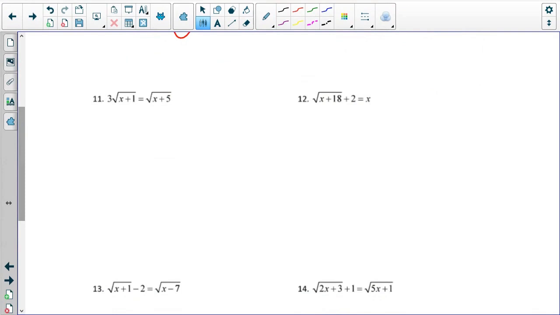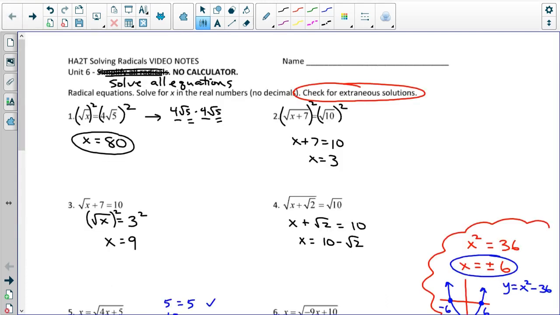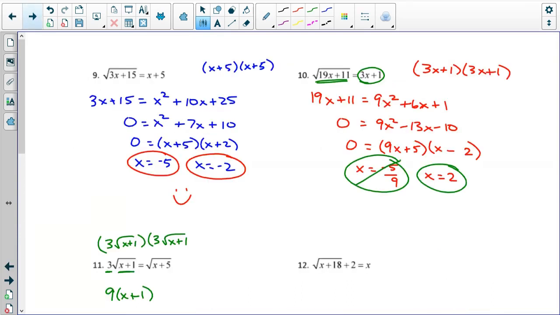Problem 11, we will square both sides. Make sure that you square 3 root x plus 1 by multiplying it by itself. So this ends up being 9 times x plus 1. It is very similar to this problem at the beginning, where 4 root 5 squared was 4 root 5 times 4 root 5.